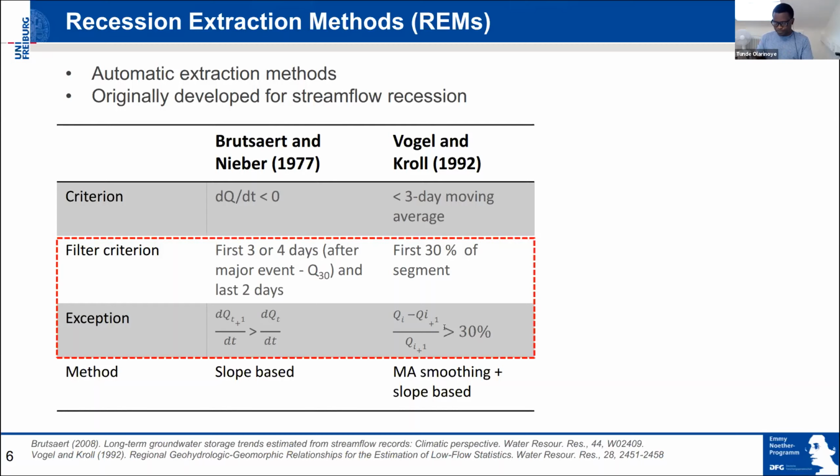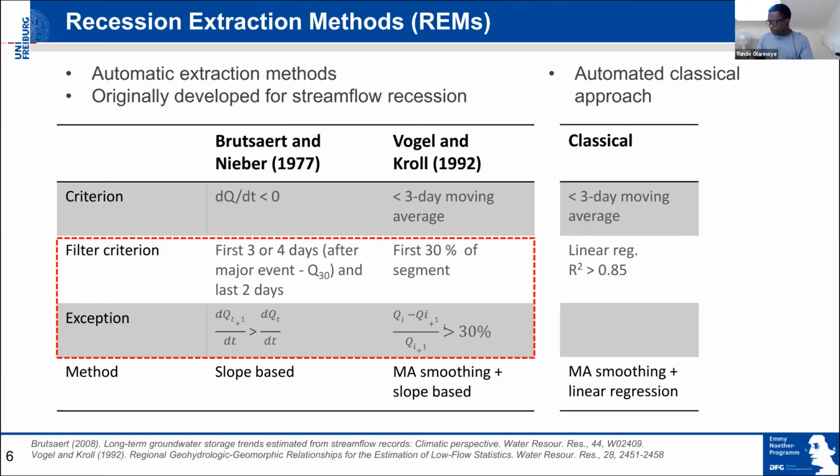So to have some kind of comparison, we also compare the classical approach, which is the manual fitting of the curve. But here we try to do it automatically by first applying the 3-day smoothing average to smoothen the curve, and then we fit a simple linear regression model to the recession segment iteratively.